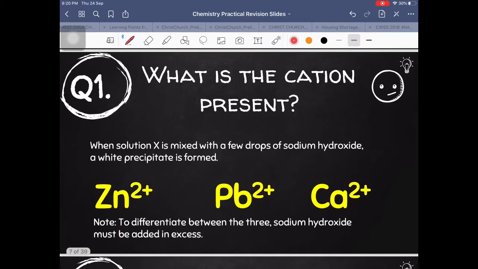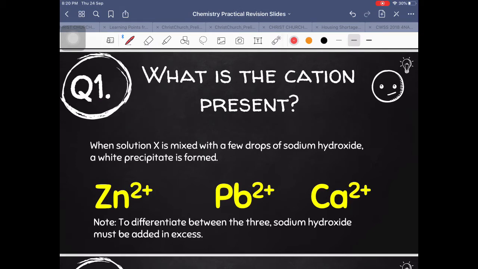So now let's do a few checkpoint checks before we move on to the next section. When a solution X is mixed with a few drops of sodium hydroxide, a white precipitate is formed. So what is the cation that would be present in this solution? If you refer back to the flow chart, if it's a few drops of sodium hydroxide and a white precipitate is formed, most likely the solution would contain the zinc 2+, lead 2+, or calcium 2+ ions.